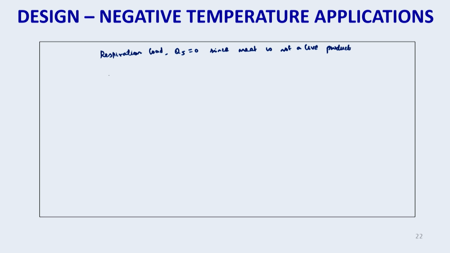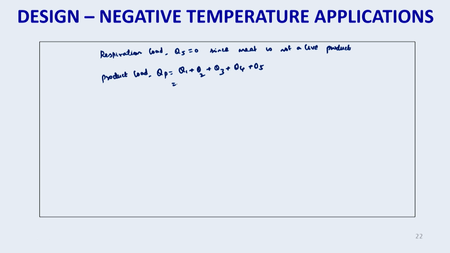Therefore the total product load QP is equal to Q1 plus Q2 plus Q3 plus Q4 plus Q5.